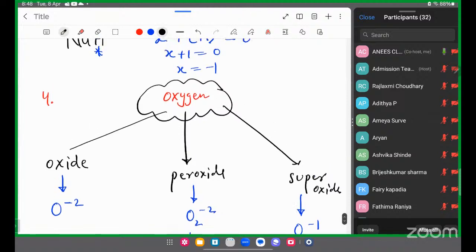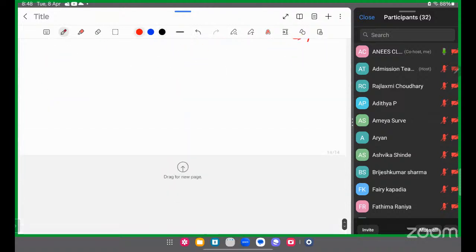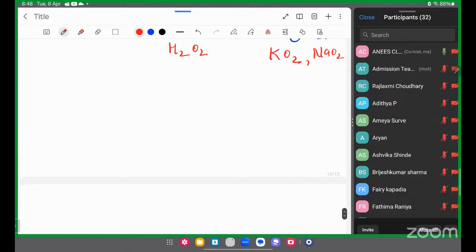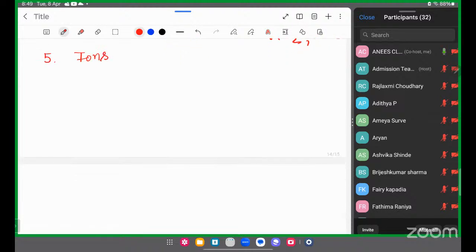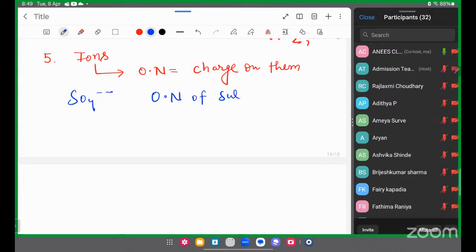Now, the next point, number 5, is about ions. What will be the oxidation number of an ion? In case of ions, the oxidation number will be taken as simply the charge on them. For example, if we have sulfate ion SO4 2-, in that case the oxidation number of the sulfate ion will be -2.